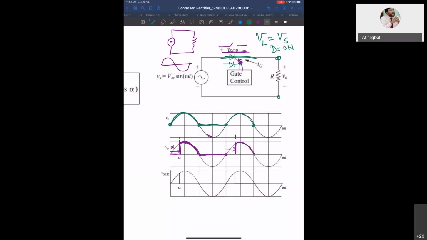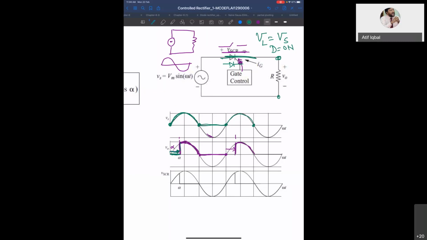Now, for the thyristor based rectifier, we apply the gate signal at some delay angle or firing angle, say, at an angle alpha. So this is my delay angle or firing angle or triggering angle. From here to here, since we have not applied any gate pulse, the thyristor is off, so we do not get anything.